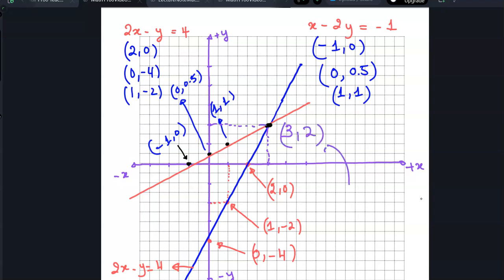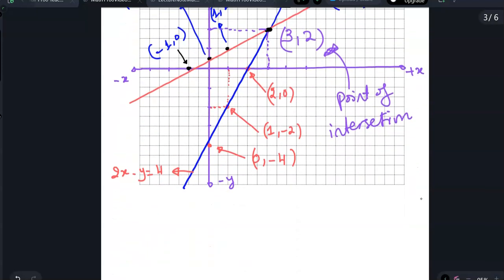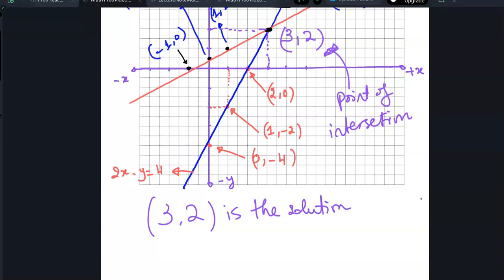So this is the point of intersection. Okay, so this point of intersection, 3, 2, is the solution for this two linear equation.